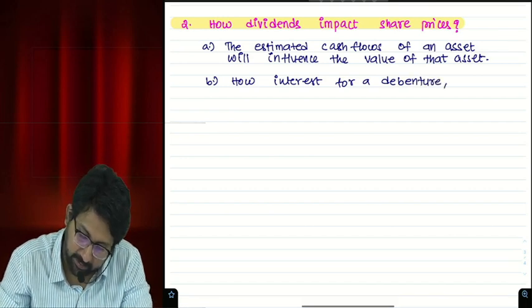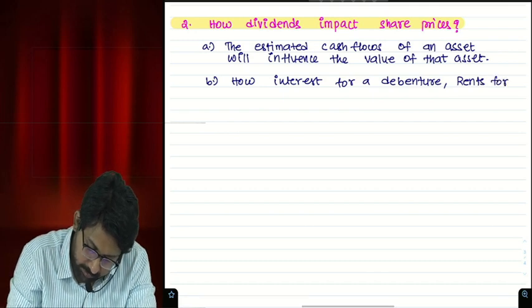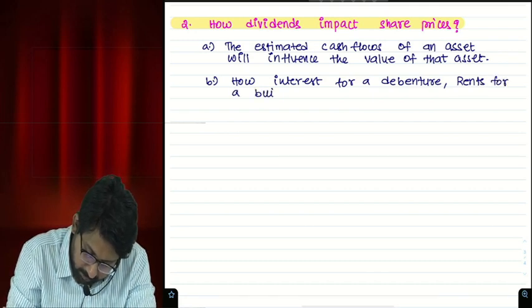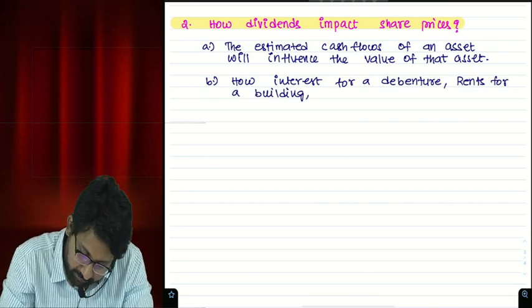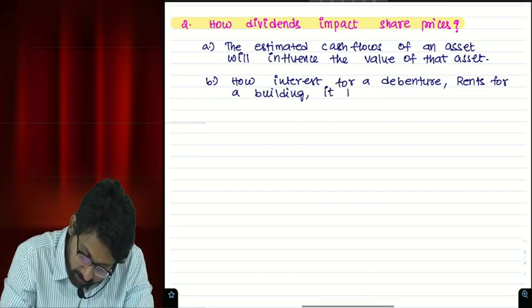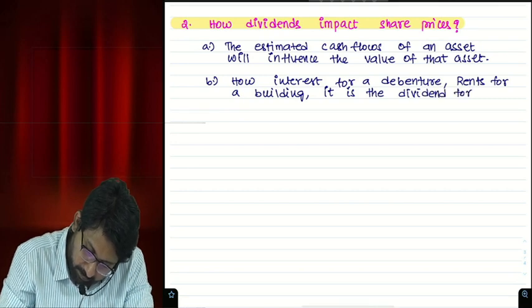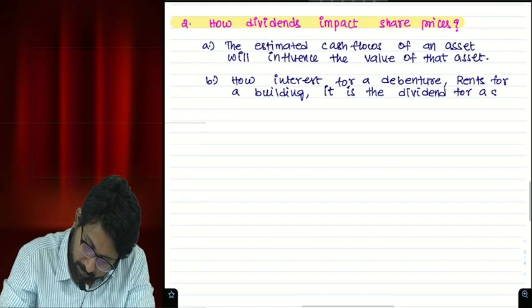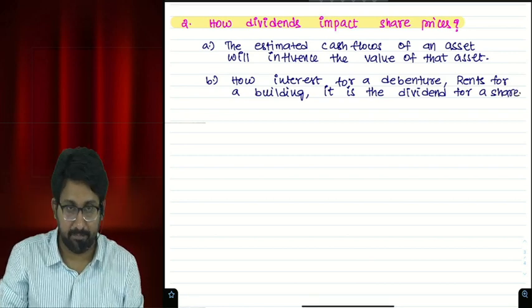Interest for a debenture, rents for a building, it is dividend for a share.